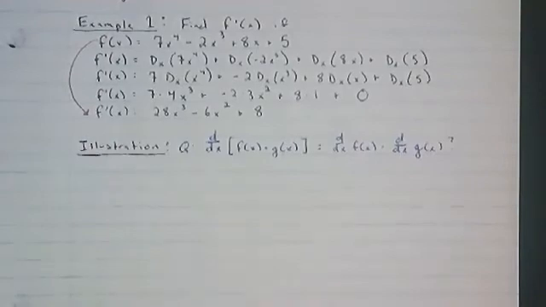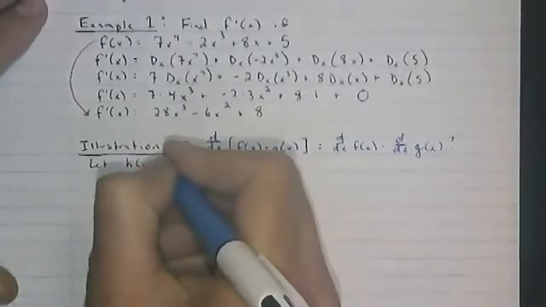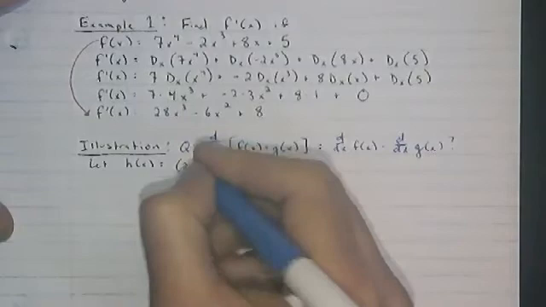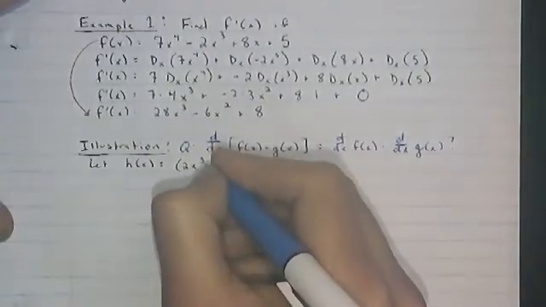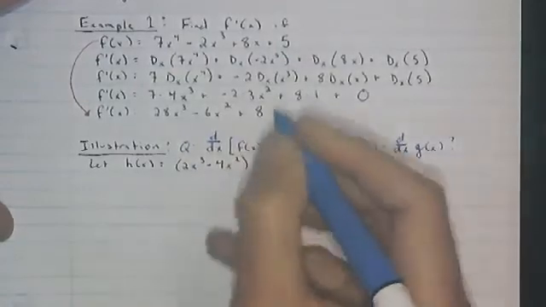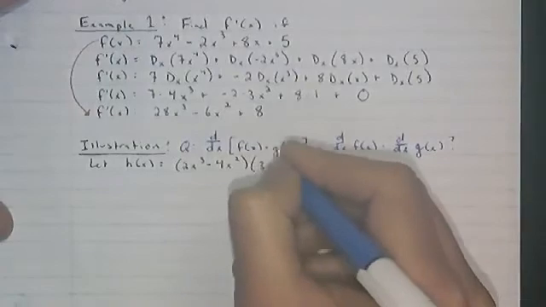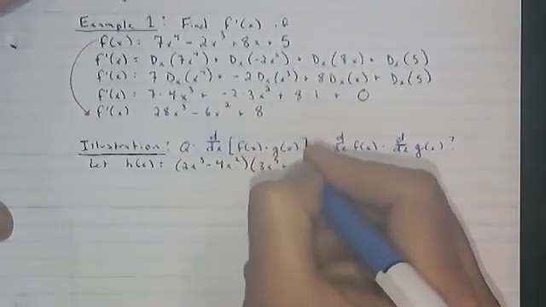Let's consider a function called h. He's a nice fella. He looks like this. Let h of x be, I don't know, 2x cubed minus 4x squared times 3x to the fifth plus x squared.